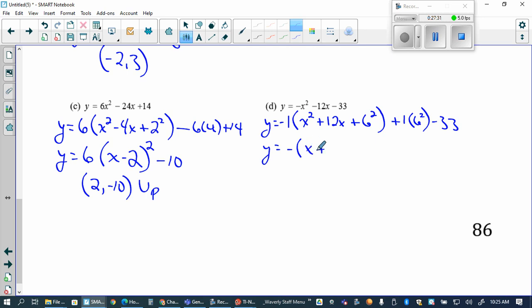X plus 6 squared. This is 36 minus 33, which is plus 3. Yeah? Vertex is up or down?